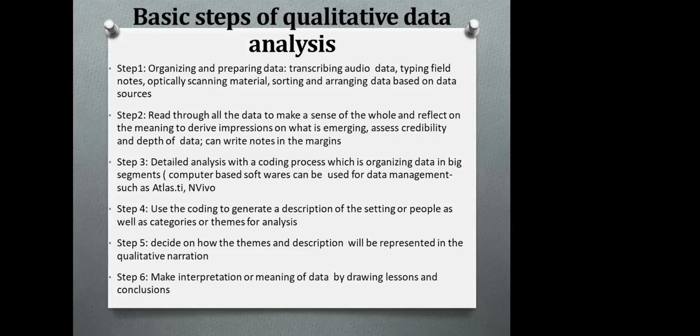Assuming you have looked through your data, and as a team you have agreed on the themes that are emerging and the sub-themes under those themes, you may then decide how to go about the analysis. Do we use computer software, or perhaps because the data is minimal, you may decide to do it manually. Step 4 would be to use the codes to generate a description of the setting or the people, as well as the categories of themes for analysis.